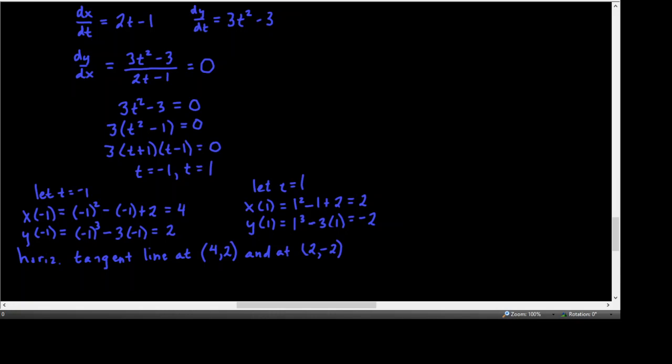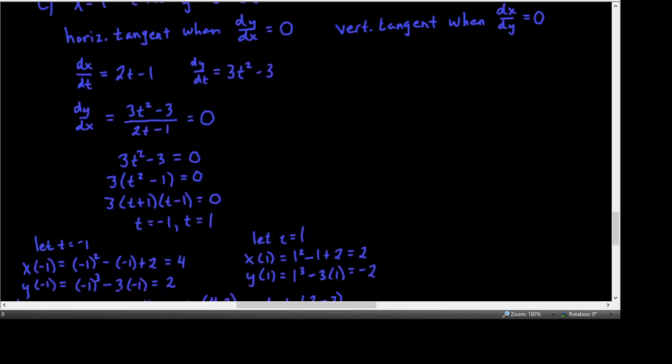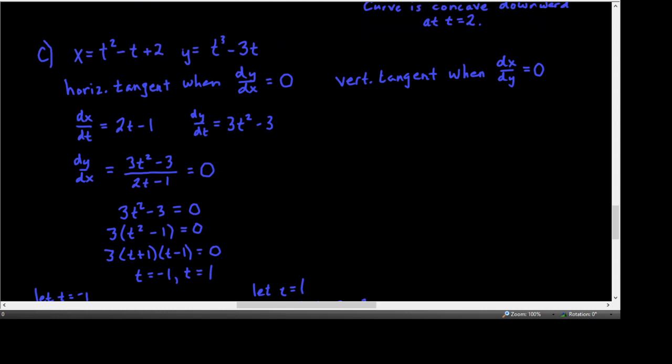Okay, now for the vertical tangent lines. That'll be when dx dy equals 0. So dx dy would be, by substitution, oops, I forgot to write dx dy, 2t minus 1 divided by 3t squared minus 3.